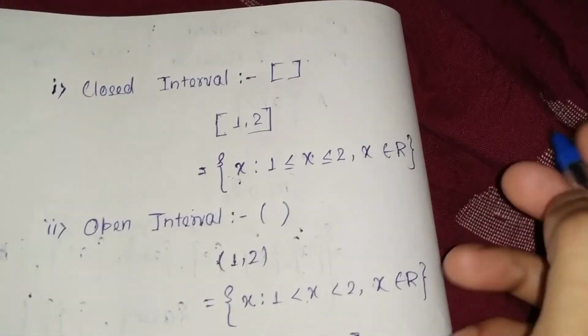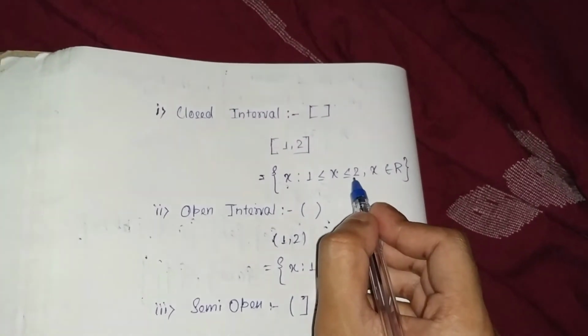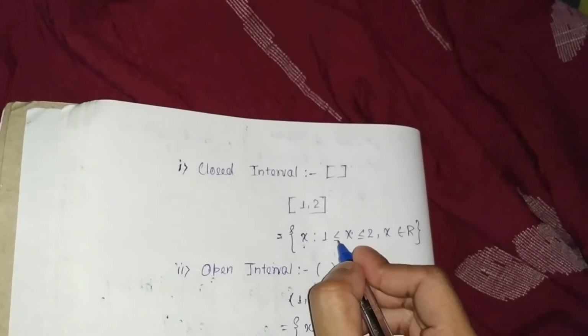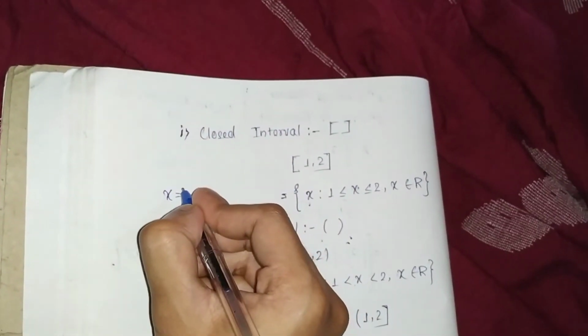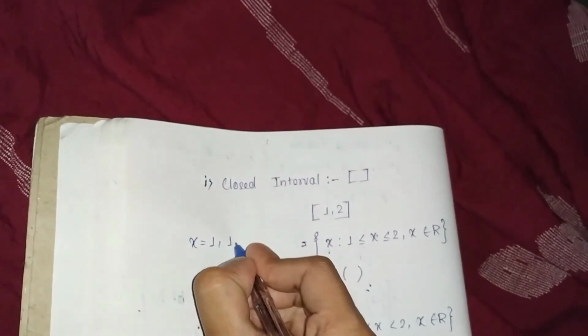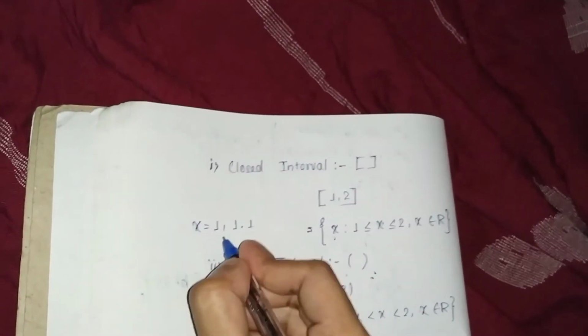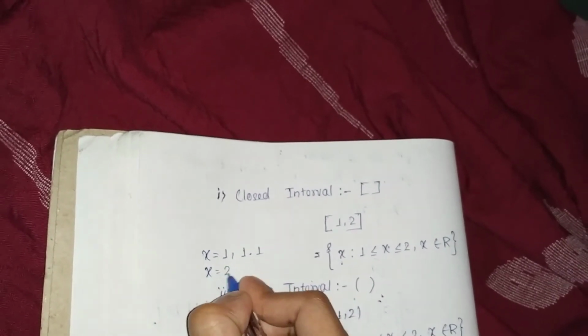In the closed interval, x value starts from 1 or 1.1, but ends at 2 or 1.9.